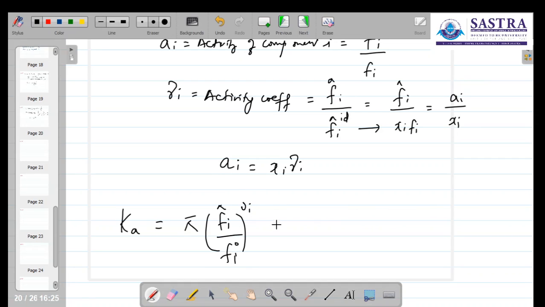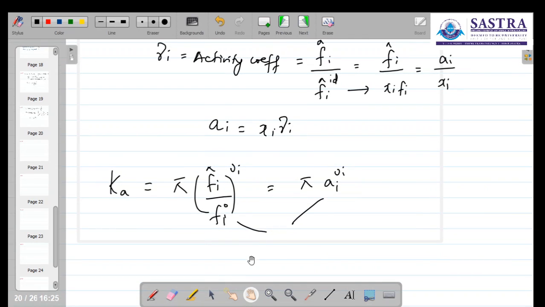This raised to the stoichiometric coefficient will become product of this a_i raised to this. I'm not just putting here naught, but it is understood in both these cases it is at standard state.